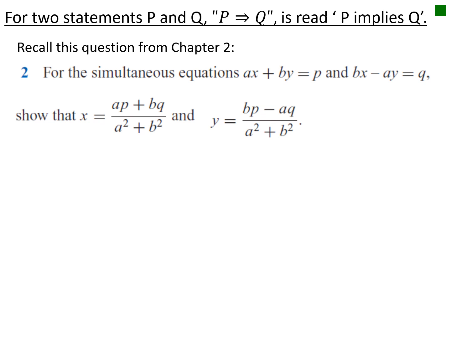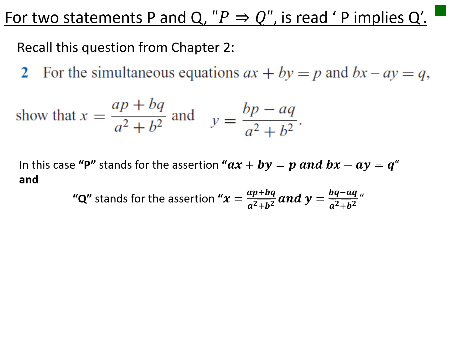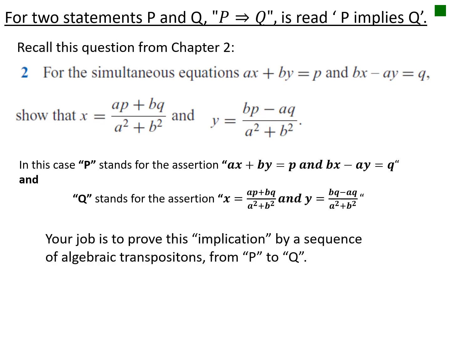Classic if-then implication statement. So in this case, the P stands for the assertion ax plus by equals p and bx minus ay equals q. Q, the conclusion, stands for those assertions: x is that expression and y is that expression. So it's the classic if-then, P implies Q format.